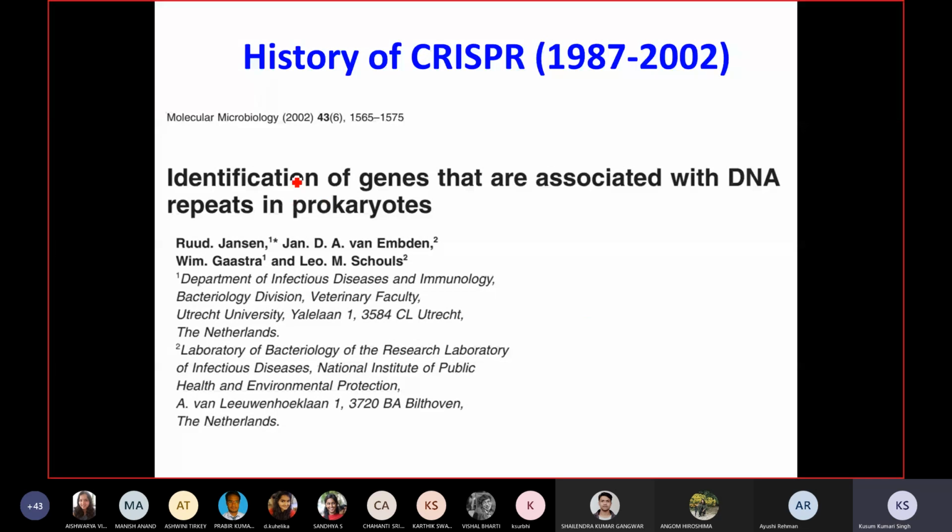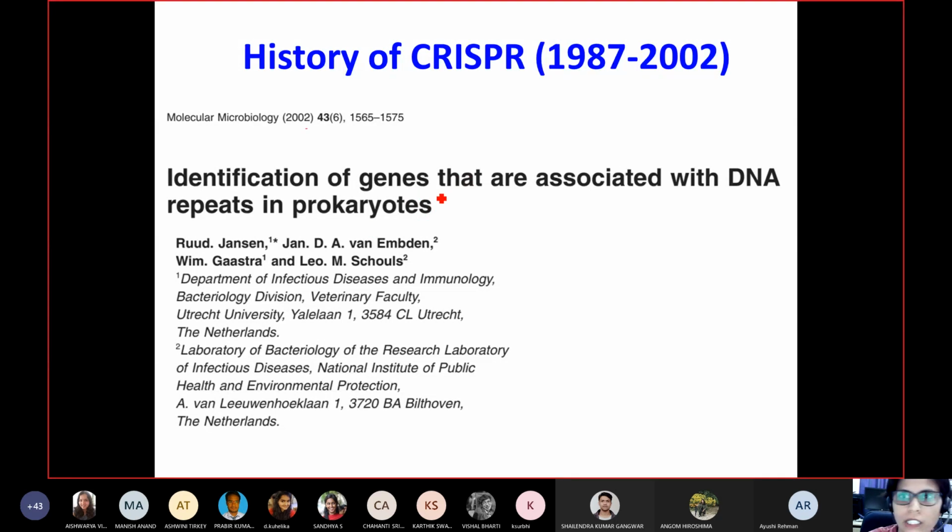In this article in 2002, Jansen et al. published this, and they identified some special genes, and these genes are associated with DNA repeats in prokaryotes. This is the one publication where for the first time they say that apart from repeats and variable sequences, there are other genes also present.